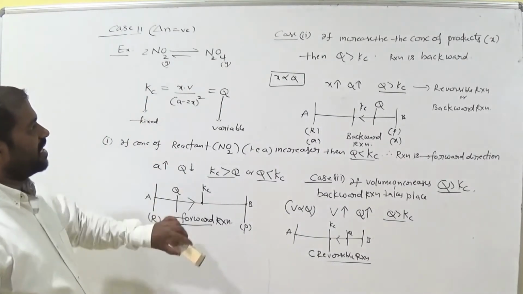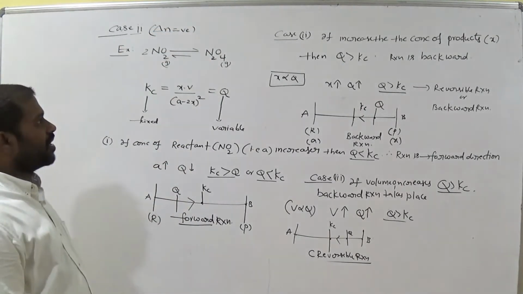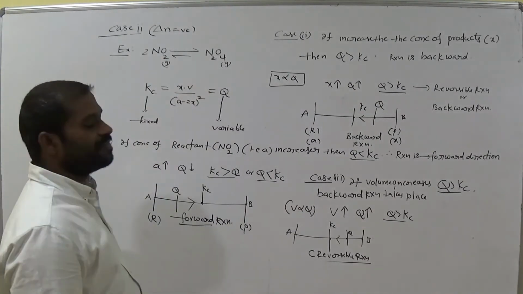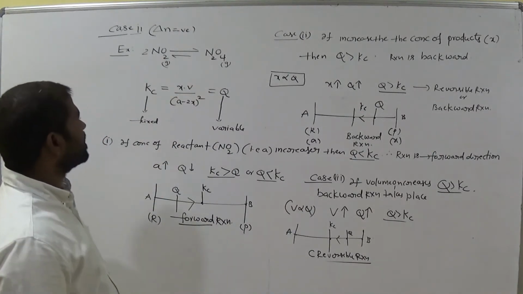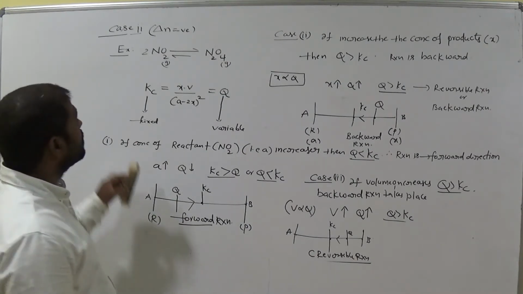So these are the three cases for delta n is equal to negative. We already discussed the derivation of this expression, and before that we discussed delta n is equal to positive also.